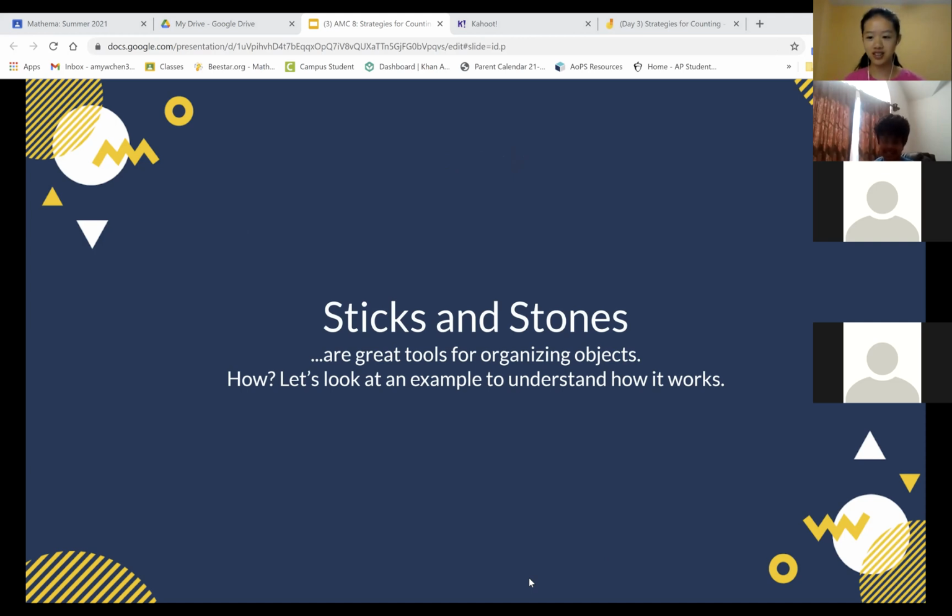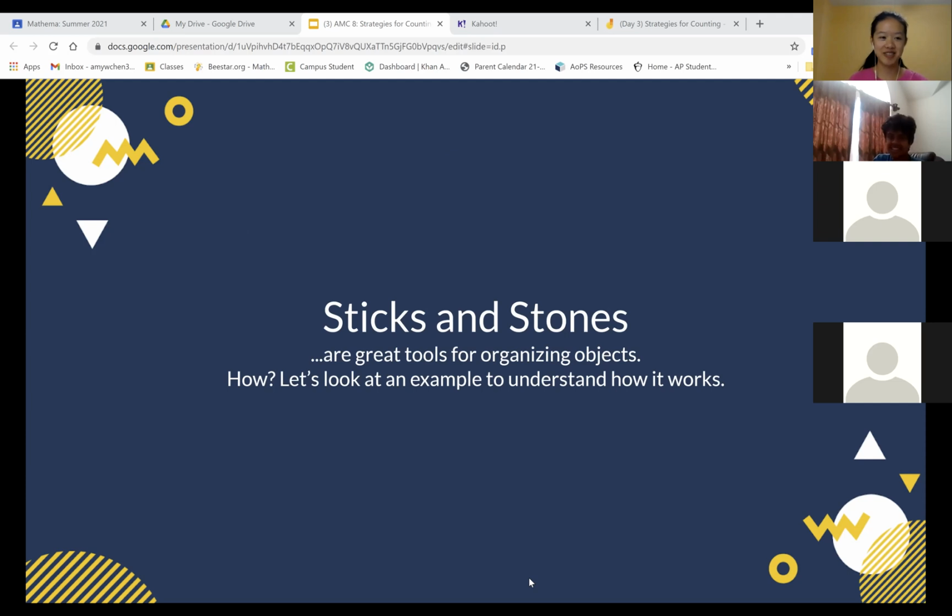Juneteenth is June 19th. There's a lot of things with teenth at the end. I don't know why it's called Juneteenth, but it's June 19th. All right, now we can go back on topic.